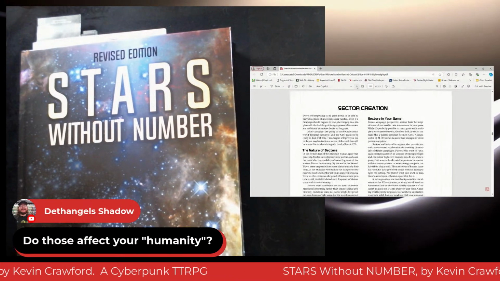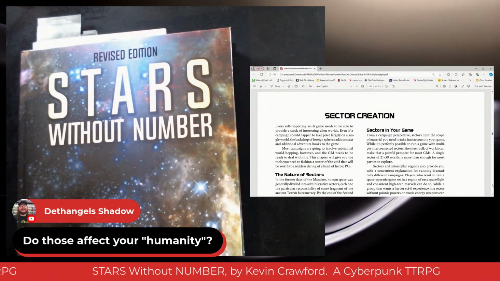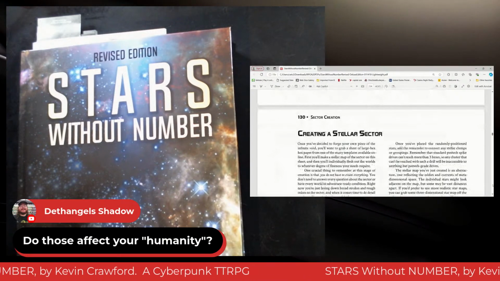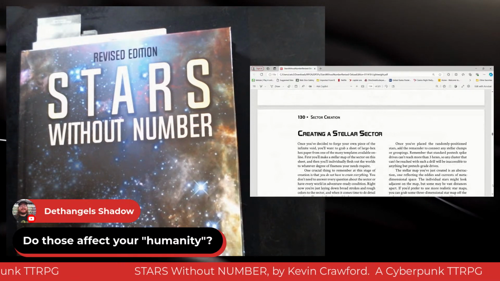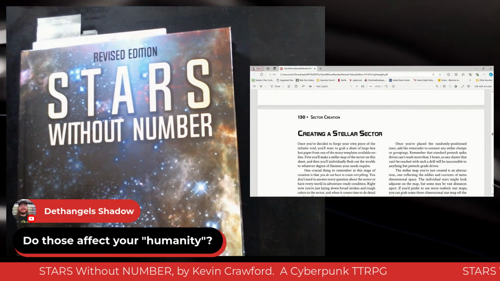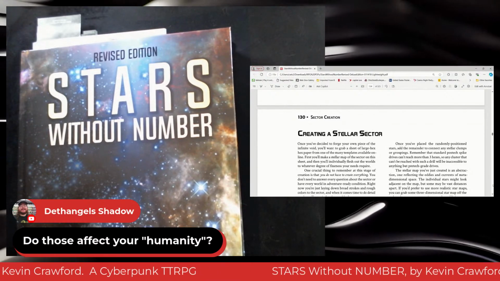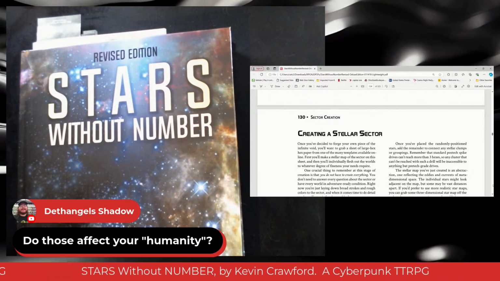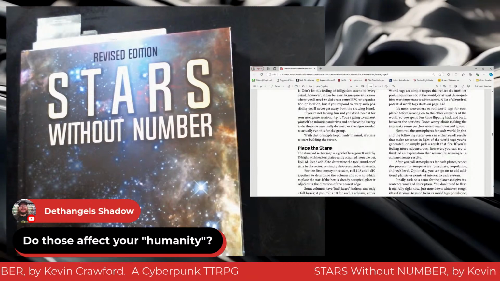This is the sector creation part of the game. Science fiction, we all know that when it comes to science fiction, our players are going to want to drop grenades, drop nukes, and escape to other places. Plus, we love to have plenty of brand new places for them to go. Evil races having their own star sectors and things like that.